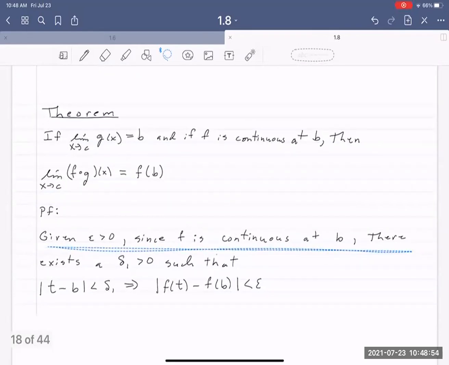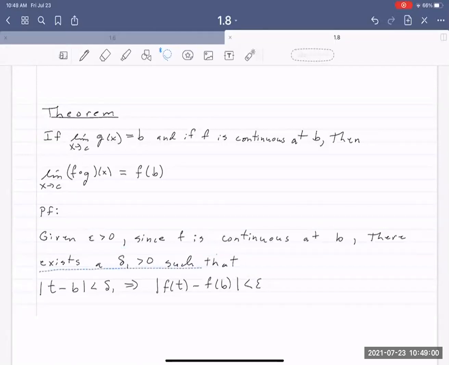Given epsilon greater than 0, since f is continuous at b, there exists a delta 1 greater than 0 such that |t minus b| less than delta 1 implies |f(t) minus f(b)| is less than epsilon.